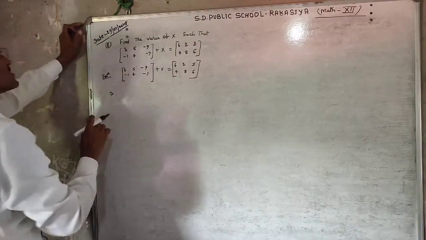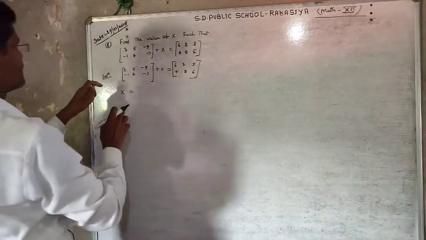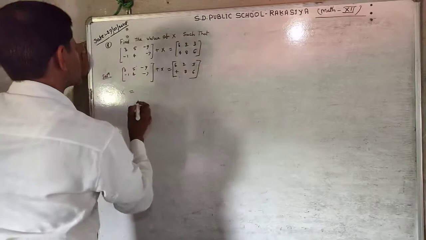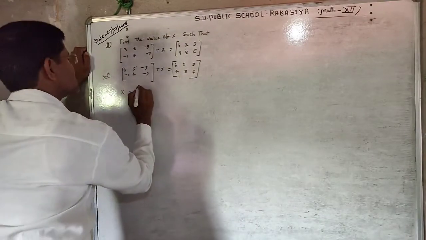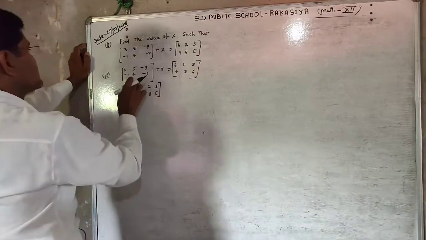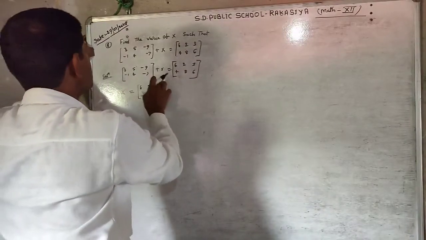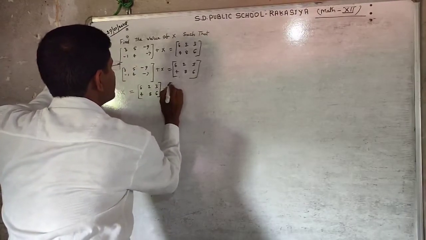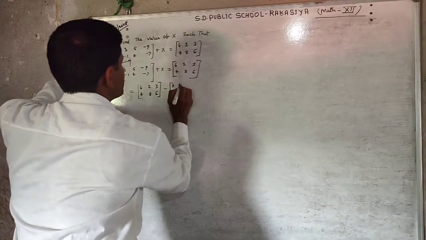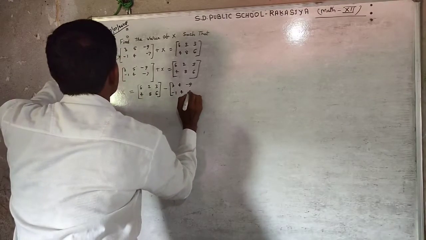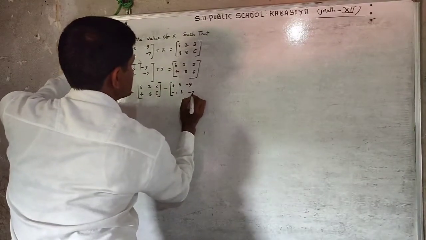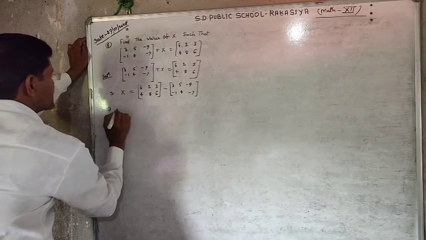This implies we can change the side of the first matrix, and then we can find the value of matrix X. If we replace this matrix on the other side, its sign will be negative, meaning it is subtracted from the matrix on the right side: 6, 2, 3, 4, 8, 6 minus 3, 5, minus 9, minus 1, 4, minus 7.